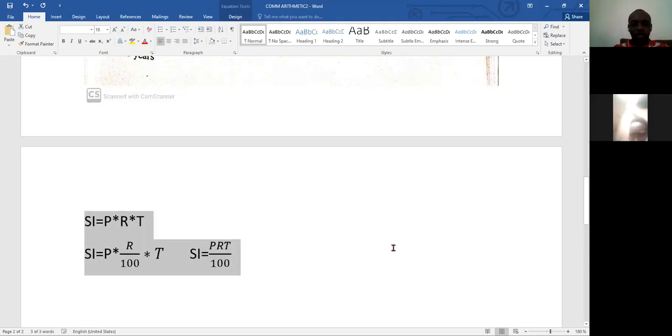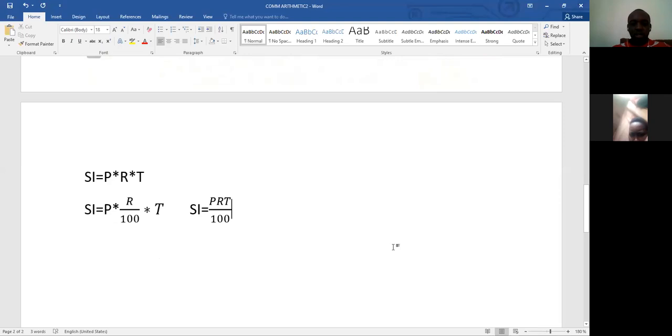This is how we calculate our simple interest. So you have simple interest equals principal, rate, time, obviously over 100. You can just multiply the numerators and have the denominators like that.